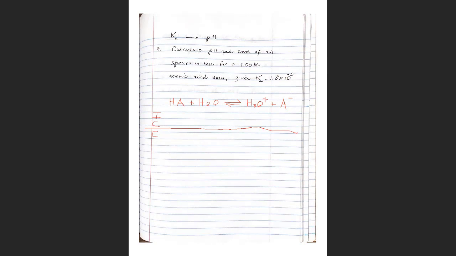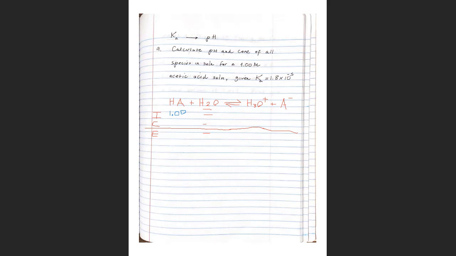Because water is a liquid, we won't have to worry about its concentration here. To make this a little easier to start off, we'll specify our initial concentration of HA, or simply acetic acid.